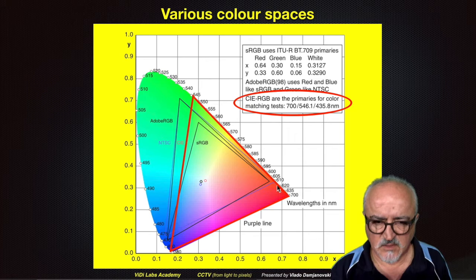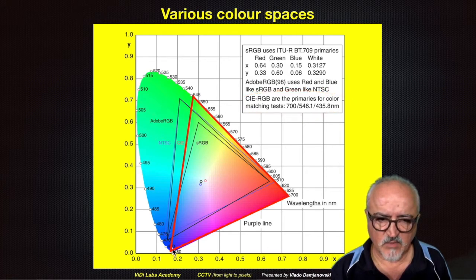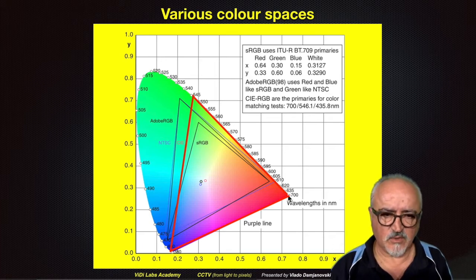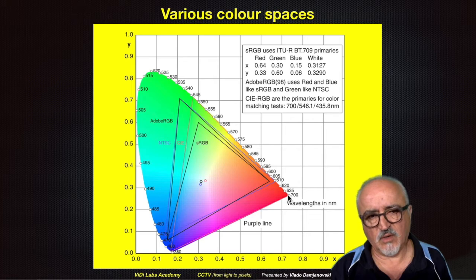The 700 nanometers was the red color, and about 435.8 nanometers was there. So CIE RGB space is slightly bigger, but again, these are the colors, especially on this bottom part, that cannot be reproduced using the technology we use in LCD screens, for example, or OLED screens.